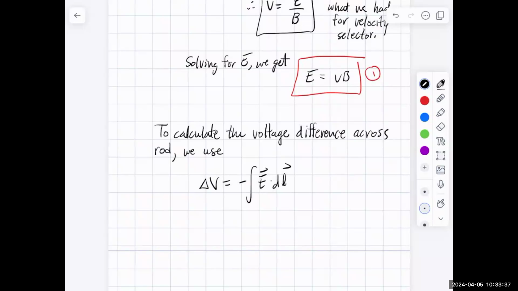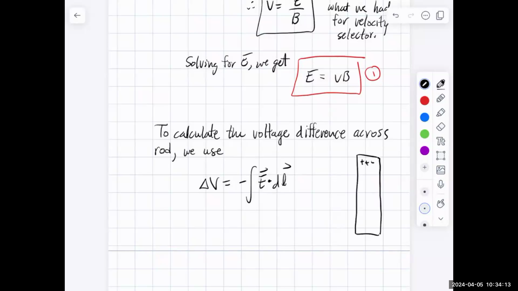Now we're going to make some simplifying assumptions. We're going to assume that the electric field inside our rod is constant. And the dl is going to be the path from, say, the bottom to the top, or from the top to the bottom. We're just going to go along the direction of the rod, which is parallel to the electric field, and so the dot product is going to give a cosine 0 factor, which is just 1.